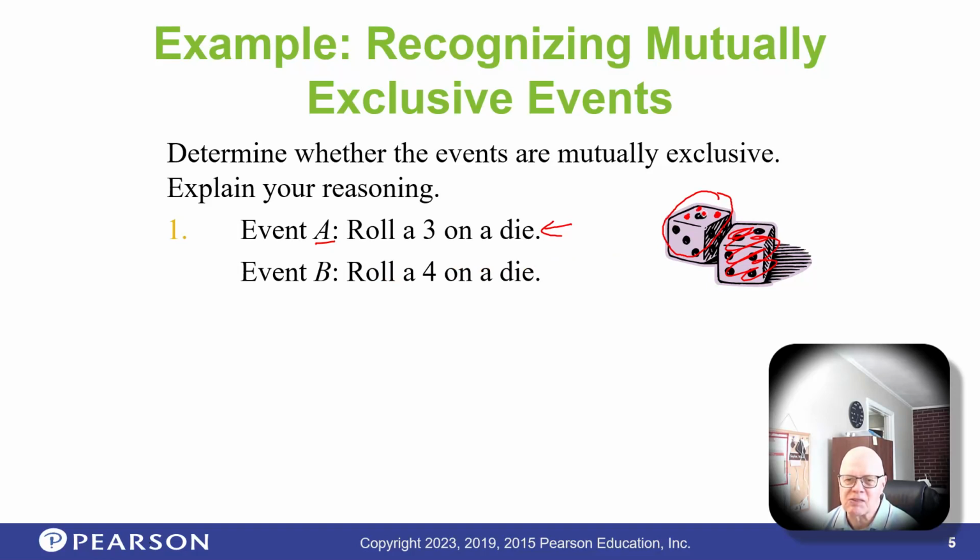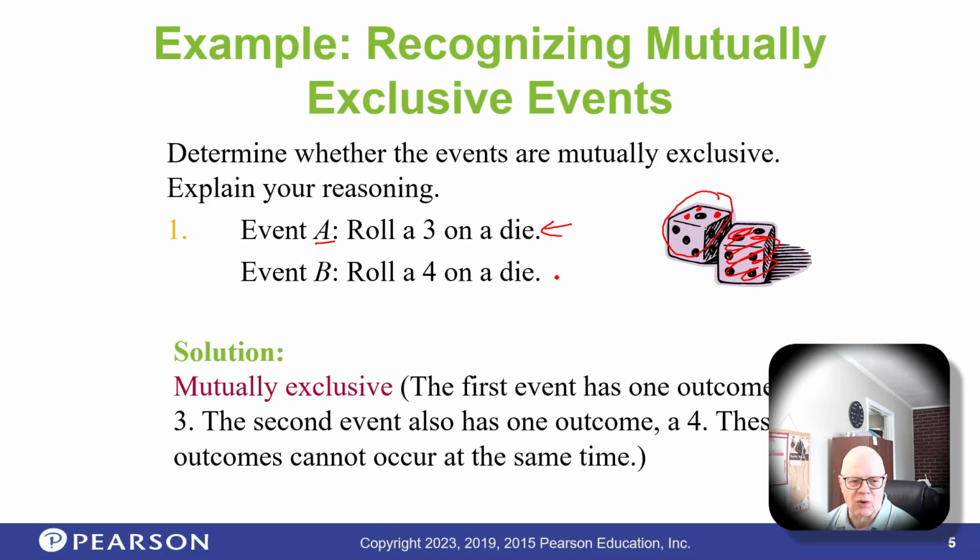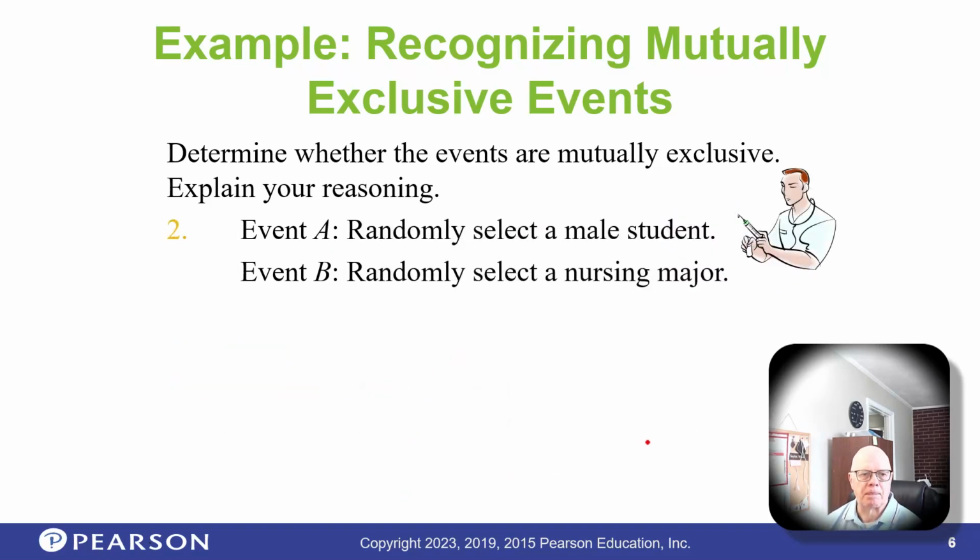Not exactly this way, but you get the idea. Are they mutually exclusive? The question is also stated this way: if you roll a die, can you get a 3 and a 4 at the same time? No. They're mutually exclusive. It cannot happen at the same time.